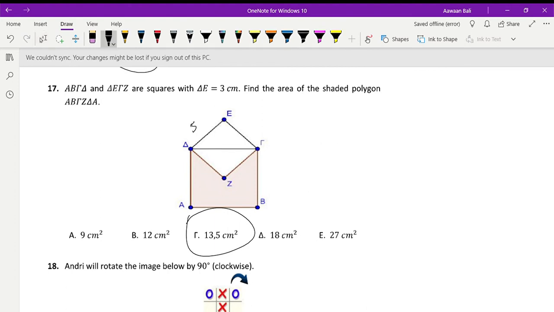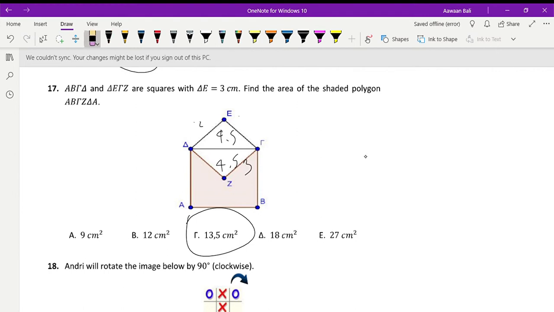So delta, eta is 3 centimeters, and they're squares, which means this is 3 centimeters, this is 3, this is 3, basically. And now, the area: the area of a square is a squared, where a is the side, so 3 squared is 9. So the area of this is 9, but this is bisected. The square is cut in half. So 9 divided by 2 is 4.5.